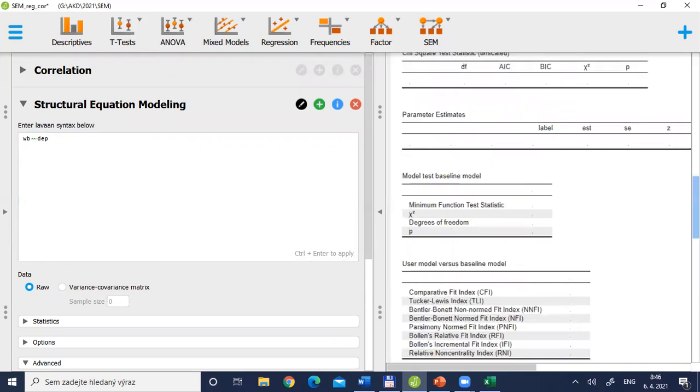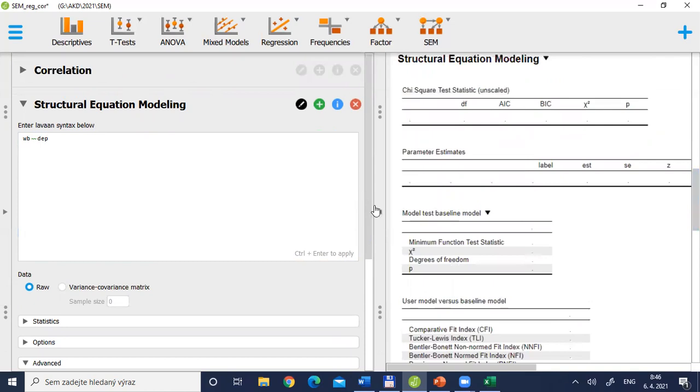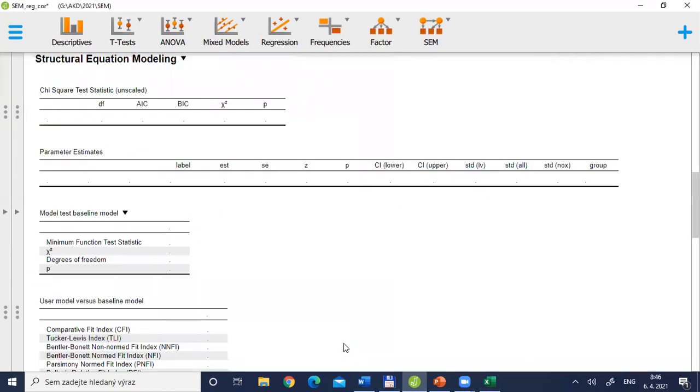And the first result that you can check, I don't know why my computer is still not computing, you can find in the table which is called parameter estimates. And here you can find in the standardized all option the value of the correlation. So now my computer is picking up, so it seems we will get results.